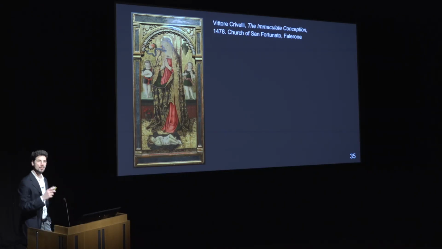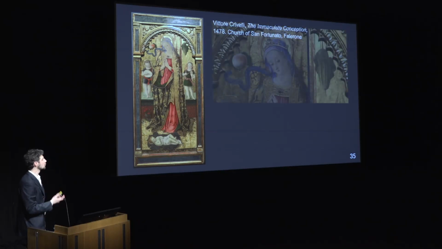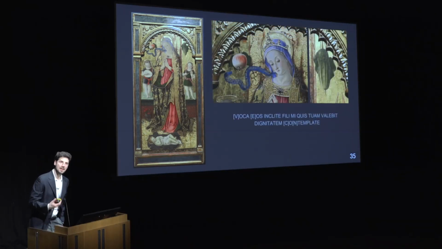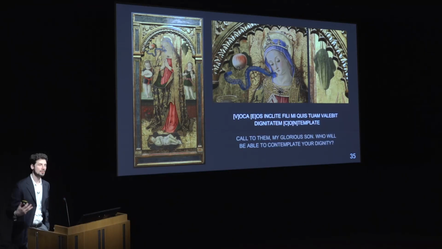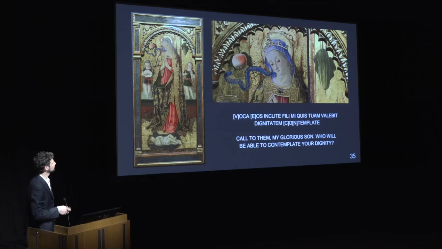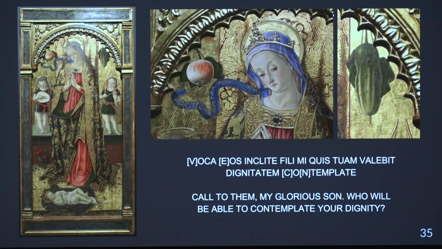So everything was already predetermined, but also in this case, since they invented an image that didn't exist before with no visual tradition, they put an explanation, this beautiful scroll. Call to them, which is us, my glorious Son, who will be able to contemplate your dignity.